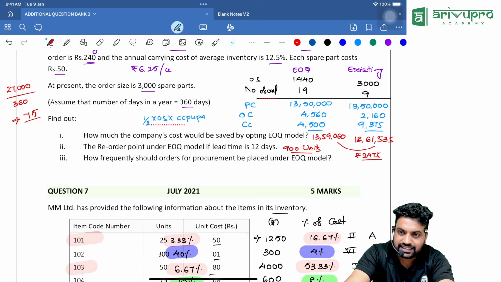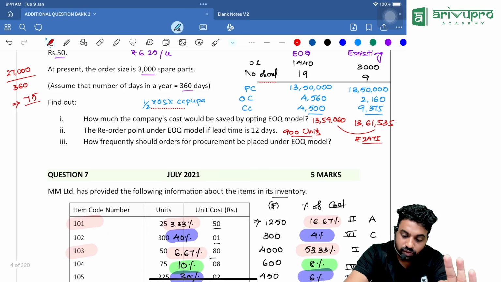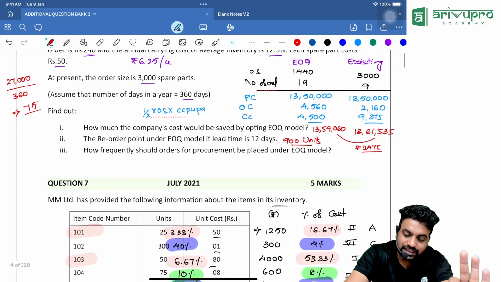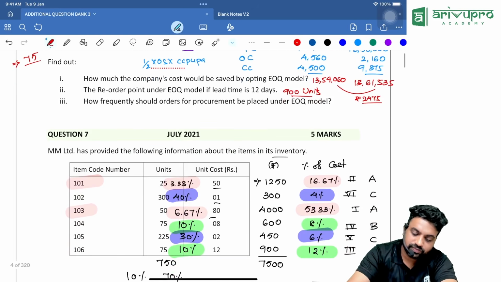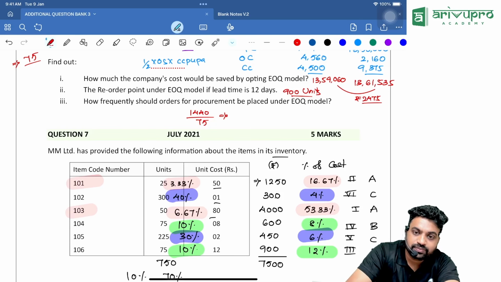That is 360 divided by number of orders to be placed. One more way of looking at it is, listen here. How many units you are carrying per order? 1,440. Correct? And on an average, how much you are consuming per day? 75. So with this, how many days you can push?